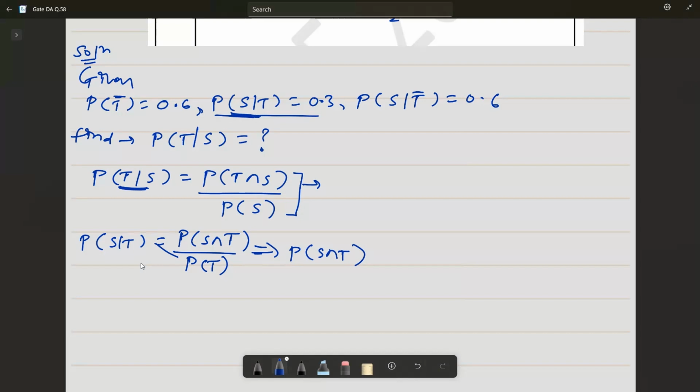So we can cross multiply this. Probability of S intersection T equals S given T, which is 0.3, into probability of T, 0.6. So it will become 0.18.